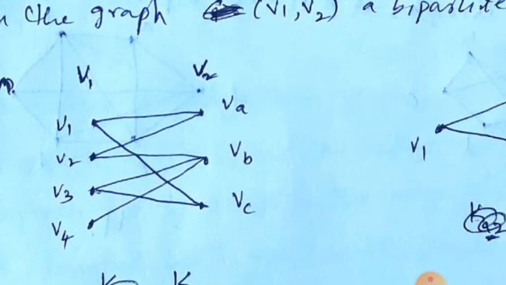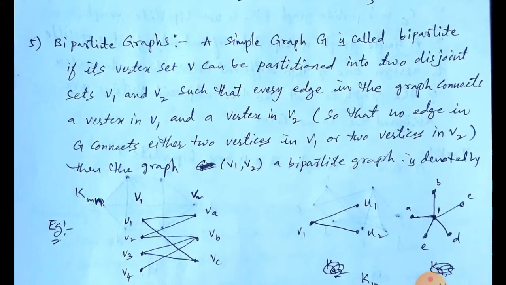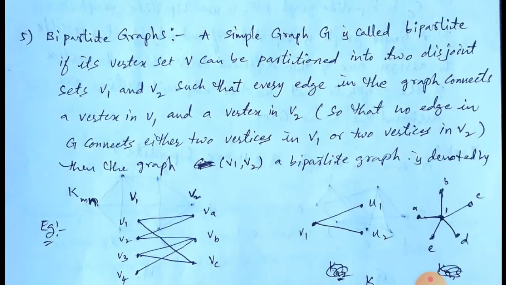That means there is no edge incident within the same set. Edges are incident from a vertex in one set to a vertex in another set. So that is called a bipartite graph. The name itself indicates bipartite.